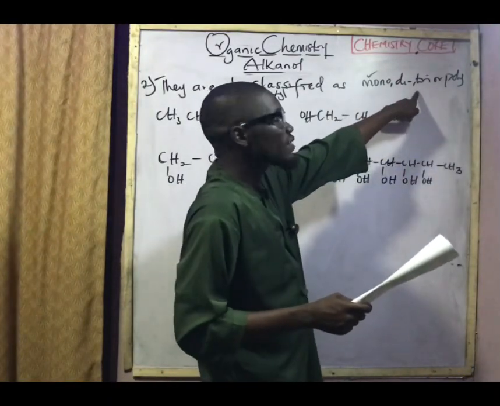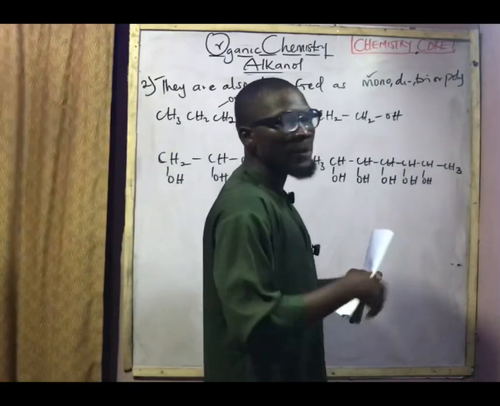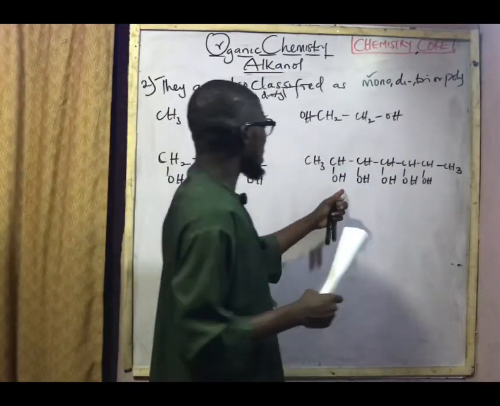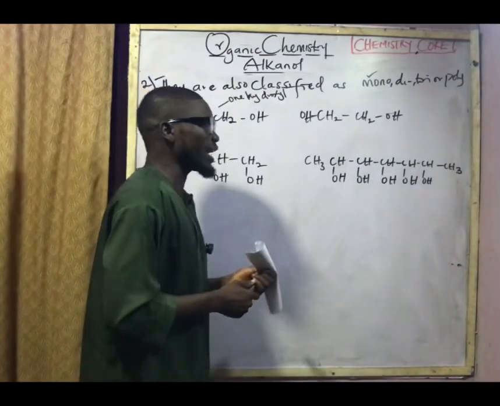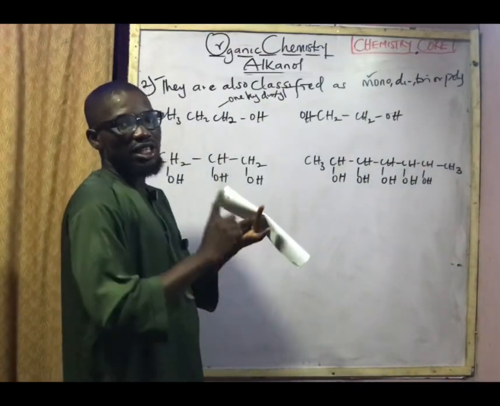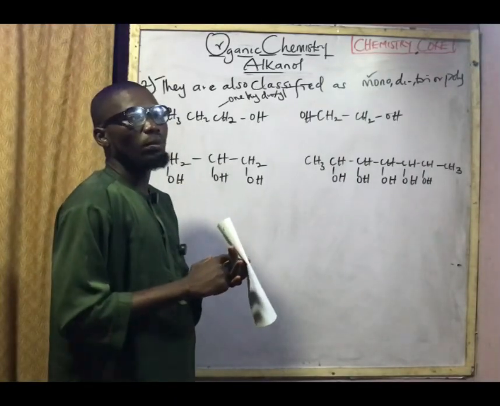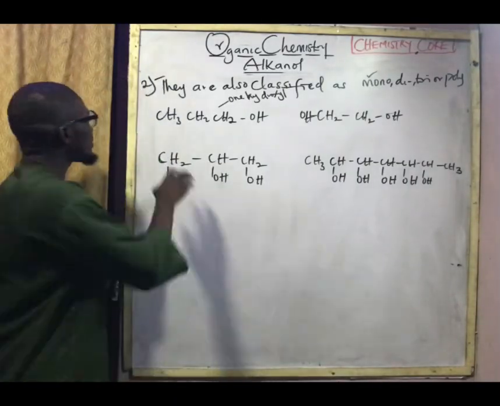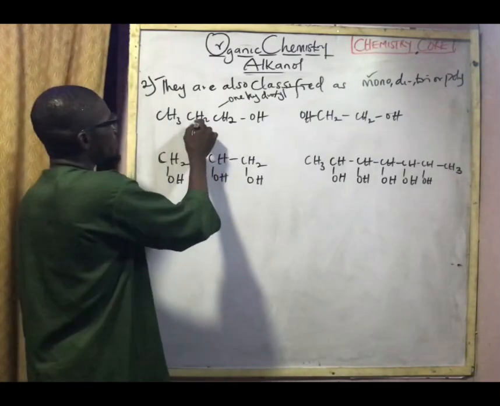If there are 3 hydroxy groups, that is tri. More than 3, which is the example here, we call what? Polyhydric. Don't forget: monohydric, dihydric, trihydric, or polyhydric. So we have 3 carbon atoms here, which is what? Propanol.